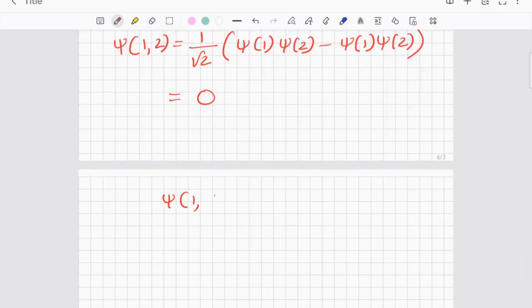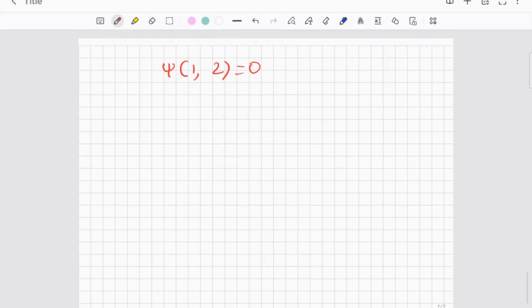If the wave function itself is 0, its probability should also be 0. So the magnitude of psi 1, 2 squared, which is the probability density, is equal to 0 everywhere.